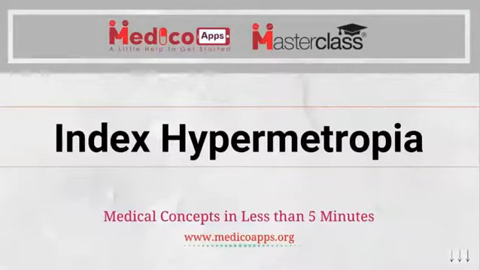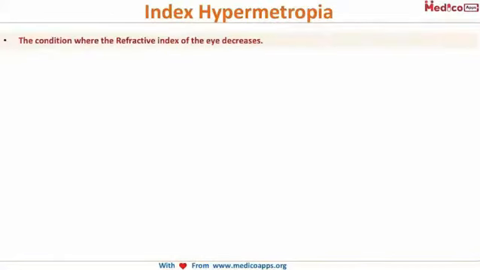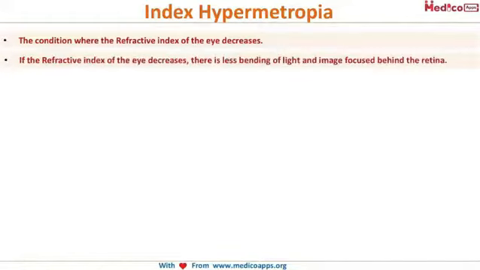Now let's look at index hypermetropia. What happens here is that there is a change in the refractive index of the eye, that is, it will decrease. So whenever there is a reduction in refractive index, there is reduction in bending of the rays.